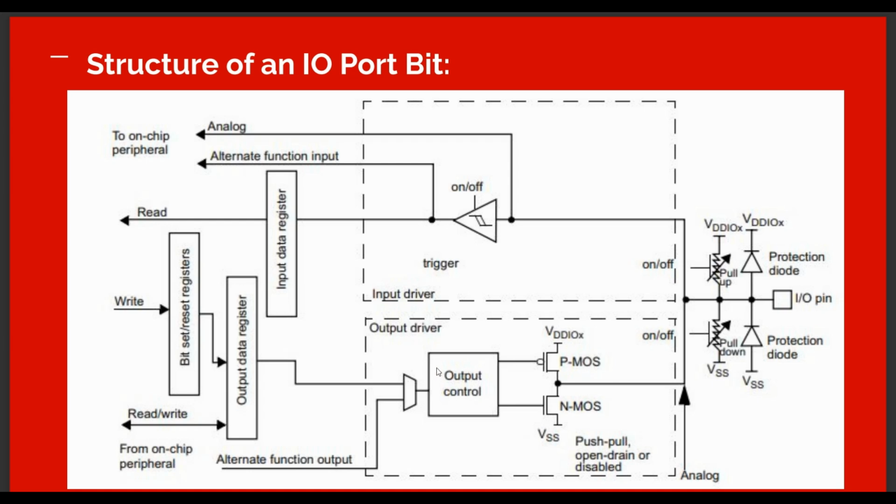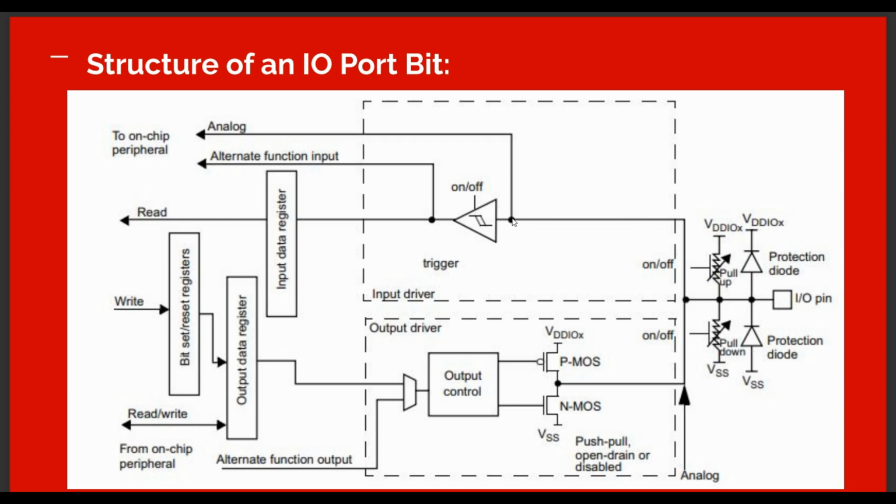Here is what we already discussed about the push pull and open drain condition: this PMOS and NMOS is here, and this is the output control, which has one inverter here, and this is one mux which will choose the IO as alternate function or regular GPIO function. This is the output data register. This is the bit set reset register.